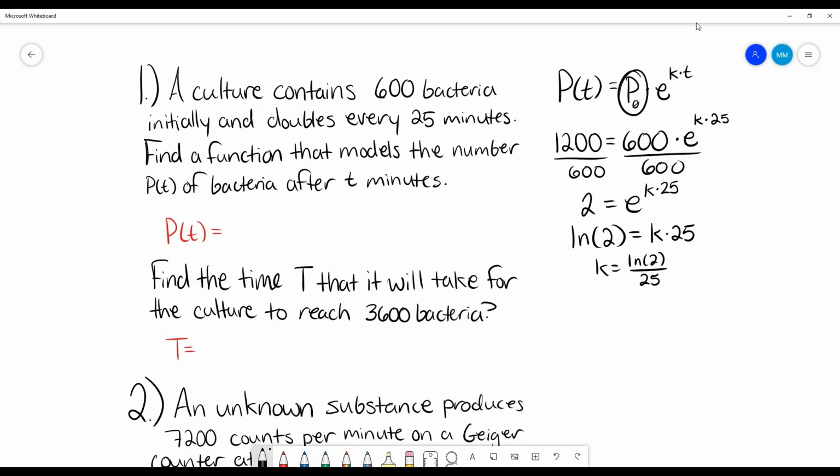We know our initial number of bacteria, and now we know our rate. Remember that e is a number, just like pi is, so we don't need a specific value for it. So I'm going to plug that in: P naught is 600 times e to the power of our new k value, the natural log of 2 over 25, times t. And that's all they're looking for for that function.